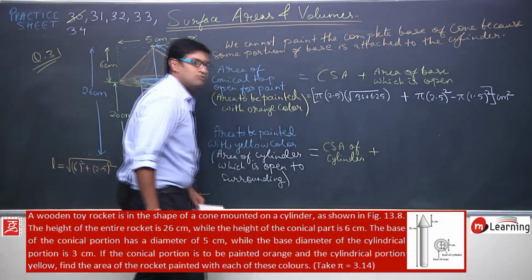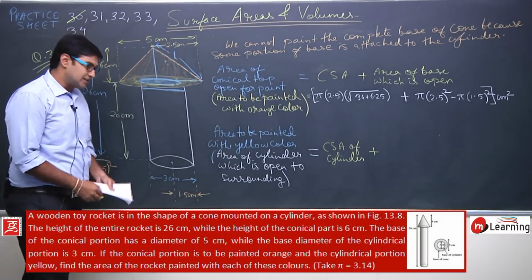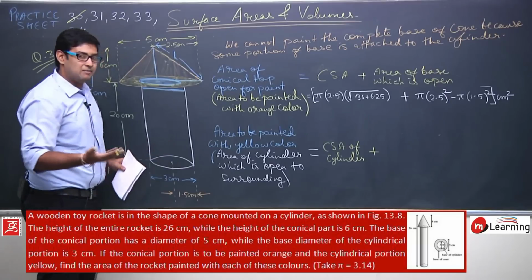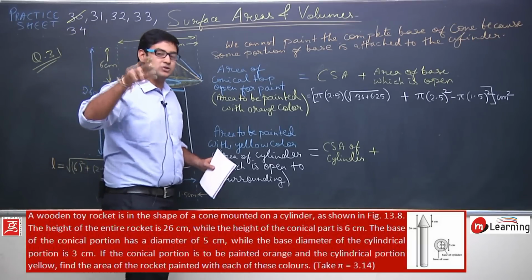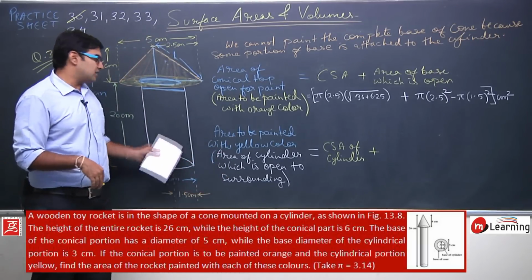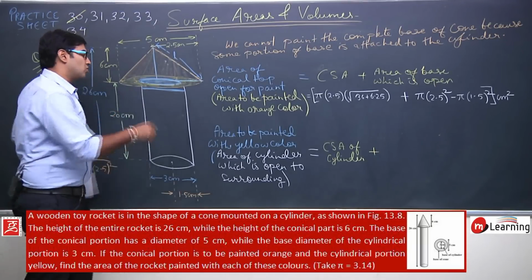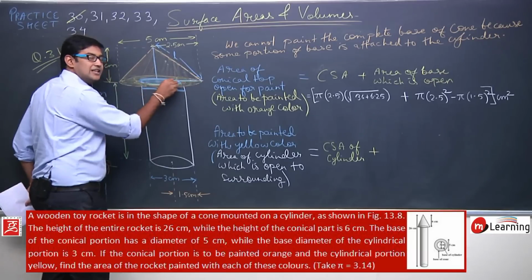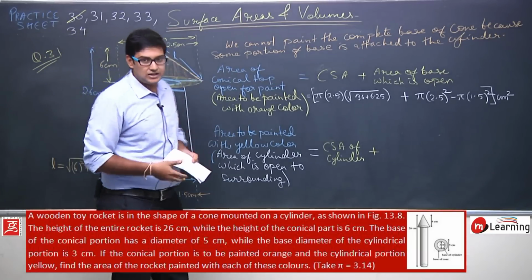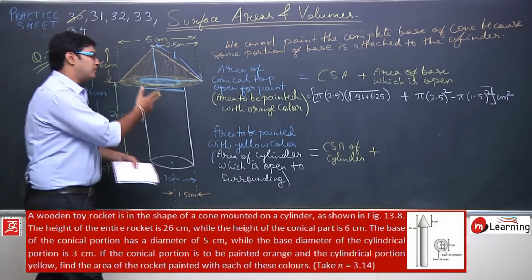And what is the area left? I can see this is a toy, so the base of this cylinder is also available. I need to paint the base also, and base is a circular base. Now can I paint the top of this cylinder? No, I cannot paint this top of this cylinder. Why? Because this is attached to the conical surface. So this area is not open for paint.